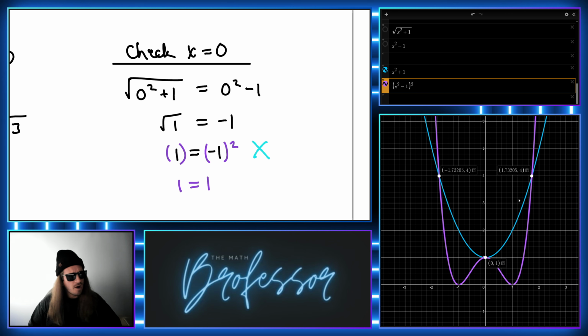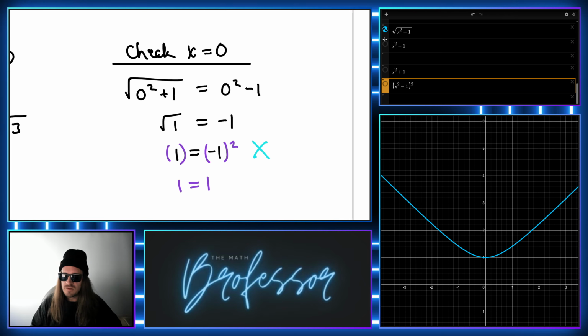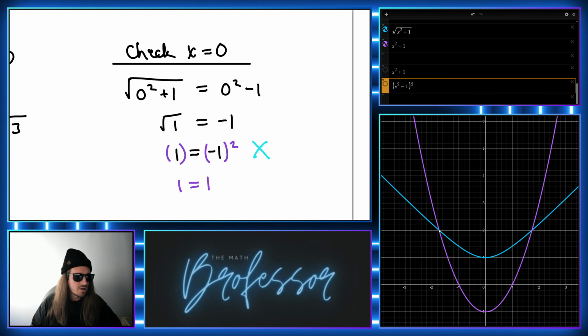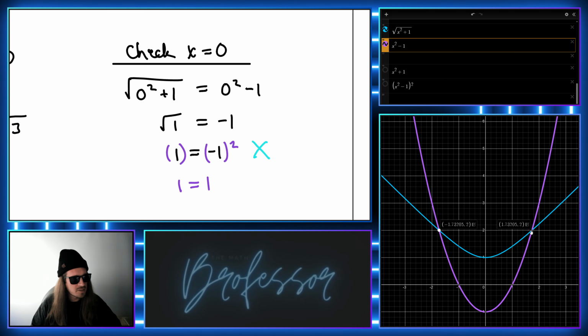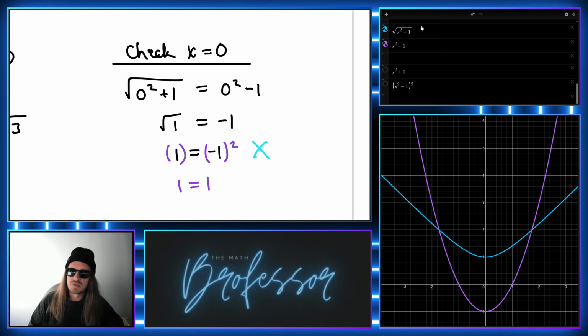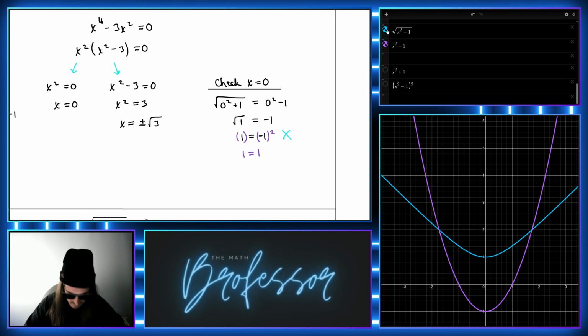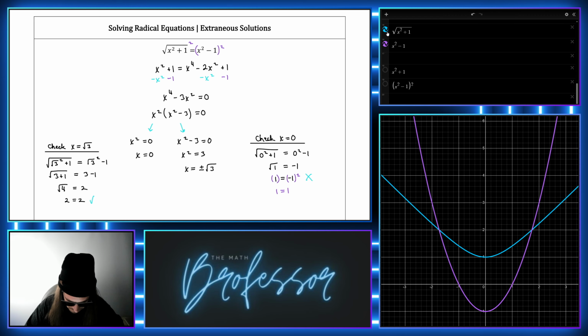So the solutions are plus or minus √3, which is about 1.732, and then we have this extraneous solution at 0. If you look at the original, you see the intersections at plus or minus √3, but you don't have the intersection at 0 until you square both sides. There's the whole thing right there.